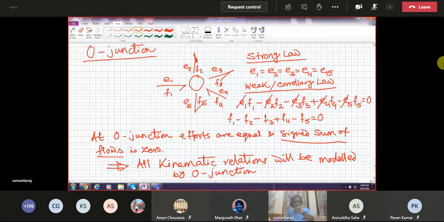So before we go to kinematic relations and create some simple models, I will introduce two more elements. Those are the ones which will be required for kinematic relations. So two constants we have already discussed. We have 1 and 0 junctions.